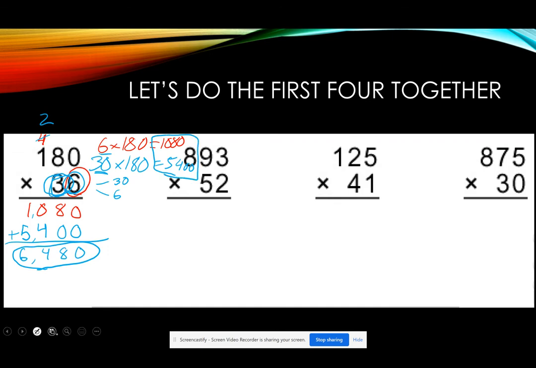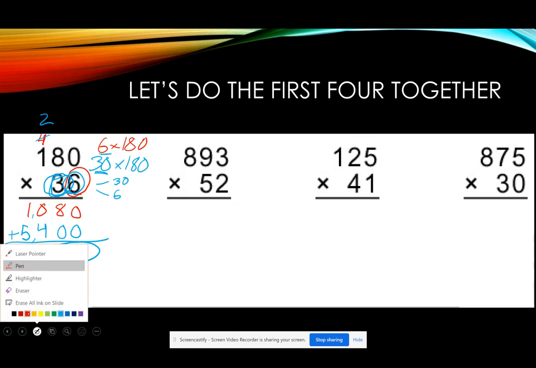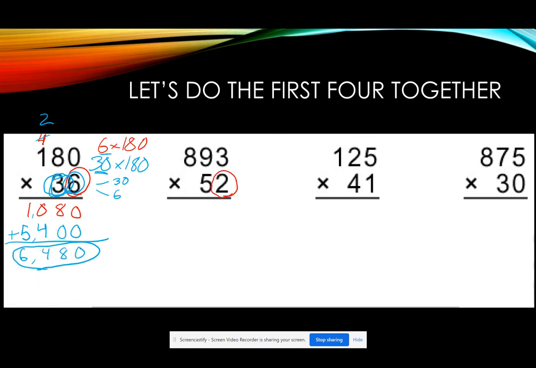All right, let's take a look at the next problem here. We have 52 multiplied by 893. So I'm going to first start off by looking at 52 down below, and I'm going to multiply 2 times 893, and then I'm going to multiply 50 times 893, because we can break that 52 up into 2 and 50.